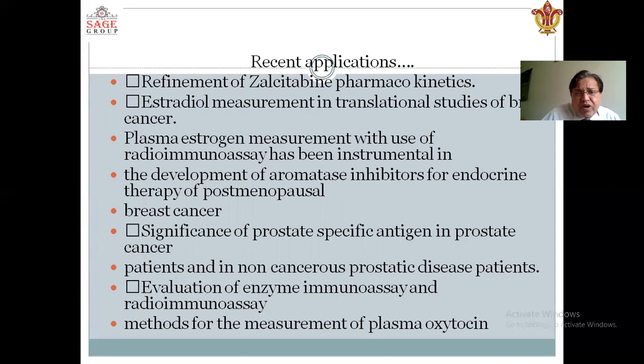We can use it in pharmacokinetic studies, measurement of estradiol, translational study in breast cancer, plasma estrogen measurement, development of aromatase inhibitors for endocrine therapy, significance of prostate specific antigen in prostate cancer patients and in non-cancerous prostatic disease patients, and evaluation of enzyme immunoassay and radioimmunoassay methods for the measurement of plasma oxytocin.